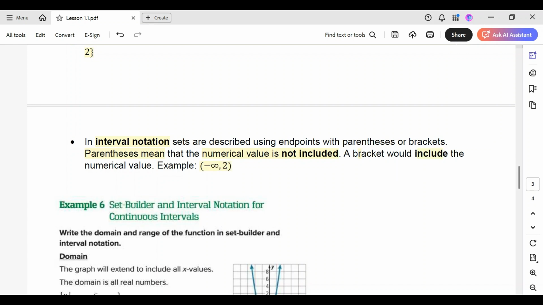So for an example, if I use parentheses -infinity, 2 with a parentheses, it means all the values from 2 all the way to -infinity would work, excluding the value of 2. If I had changed it and said from -infinity, 2 with a bracket, then I'm including the value of 2. That is the difference between the two of them.